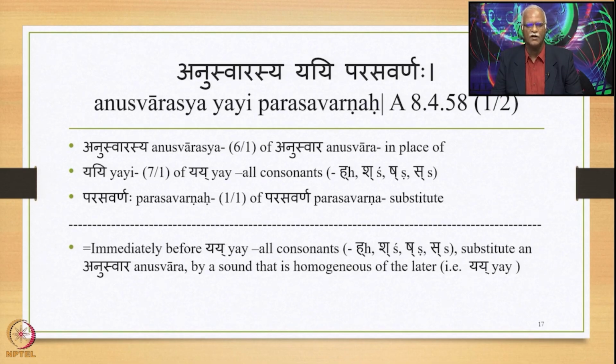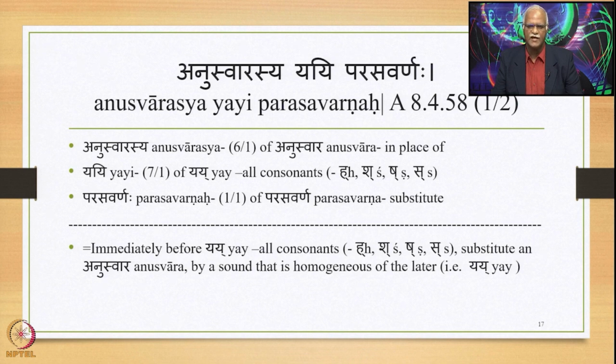The first one is anuswarasya yai parasavarnaha, 8458. This sutra has got 3 padas, anuswarasya, yai and parasavarnaha. Anuswarasya is 6/1 of anuswara, which means in place of anuswara.